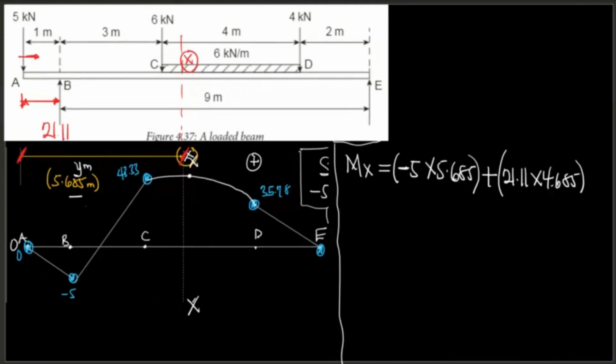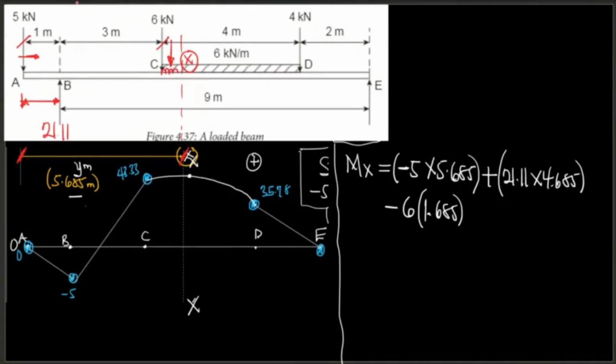Then I have another force facing down there, which is 6, so it's going to be minus 6. Now the distance between A and C is 4, so 4 minus y. That is 4 minus 5.685, which is going to give us 1.685.